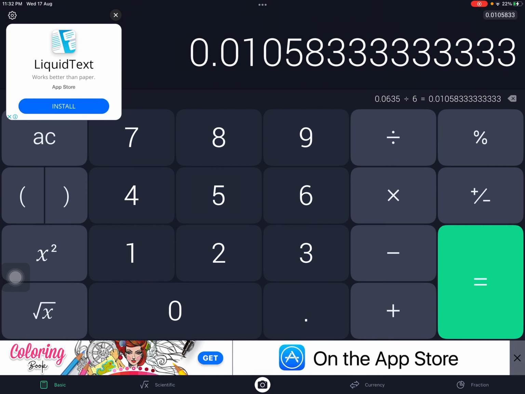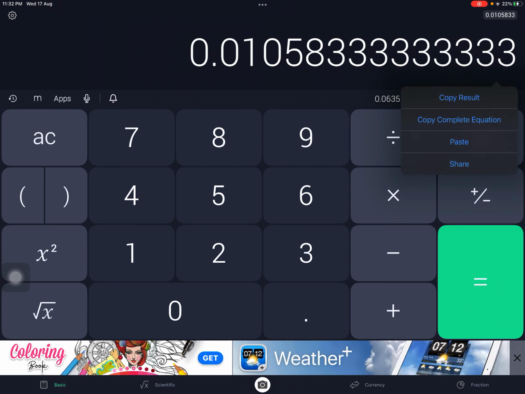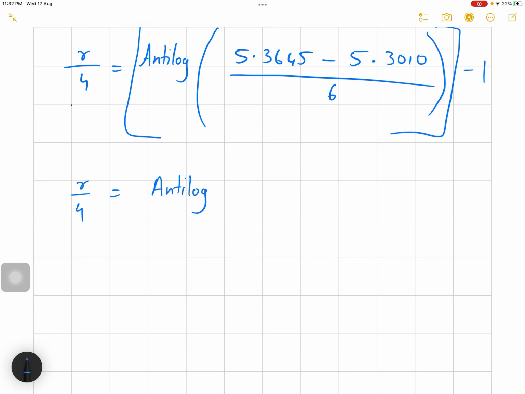It comes to 0.01058. So 4 decimals we can keep, 0.0106. Okay, anti-log 0.0106, and then minus 1.